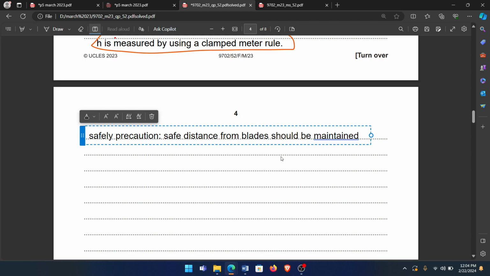Or air blow will be there. So you can add other precautions.